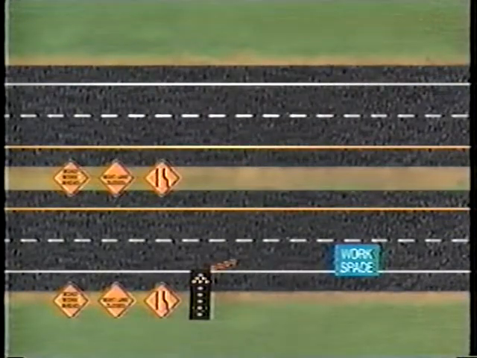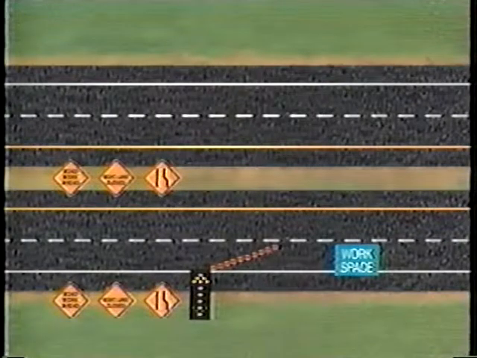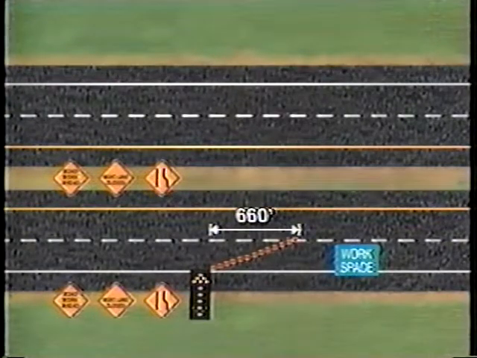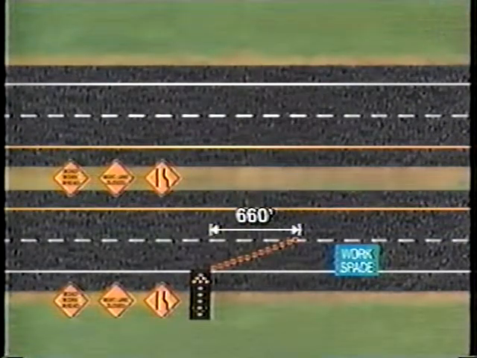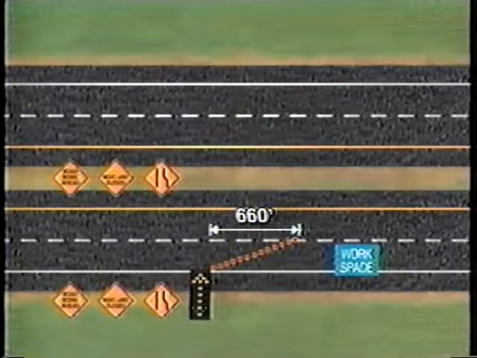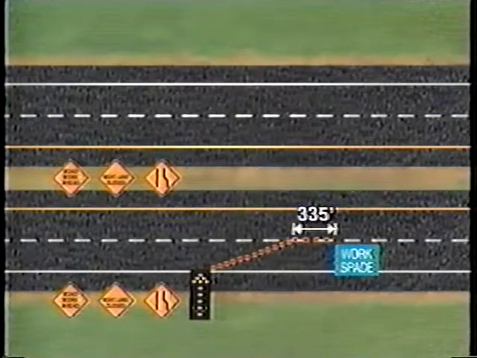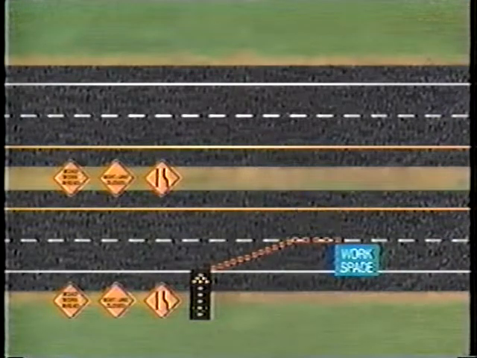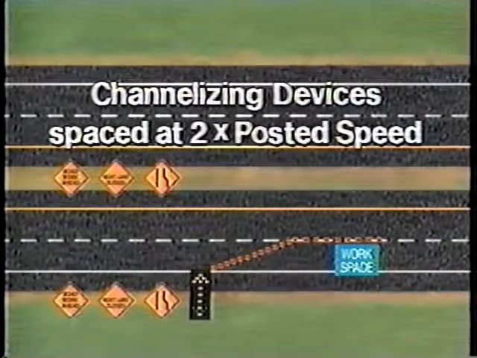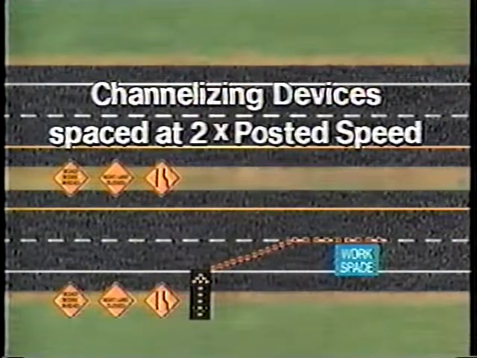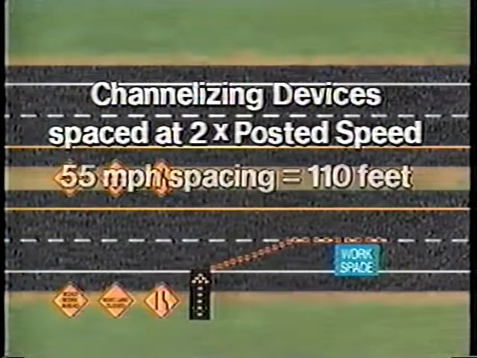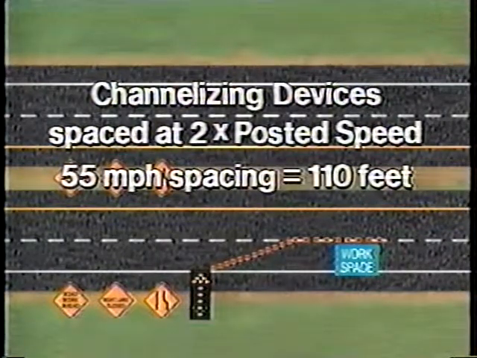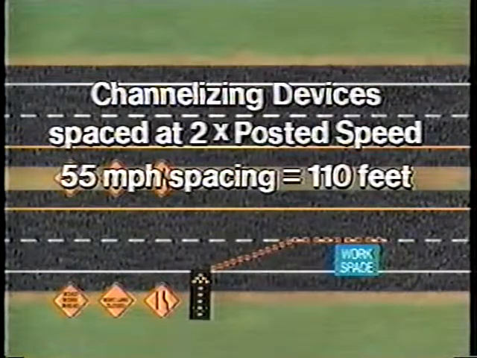For this example, the lane closure taper consists of 13 channelizing devices on 55-foot centers for a total of 660 feet. A 335-foot buffer space and the workspace are outlined by channelizing devices spaced 2 times the posted speed. For 55 miles per hour, the spacing would be 110 feet.